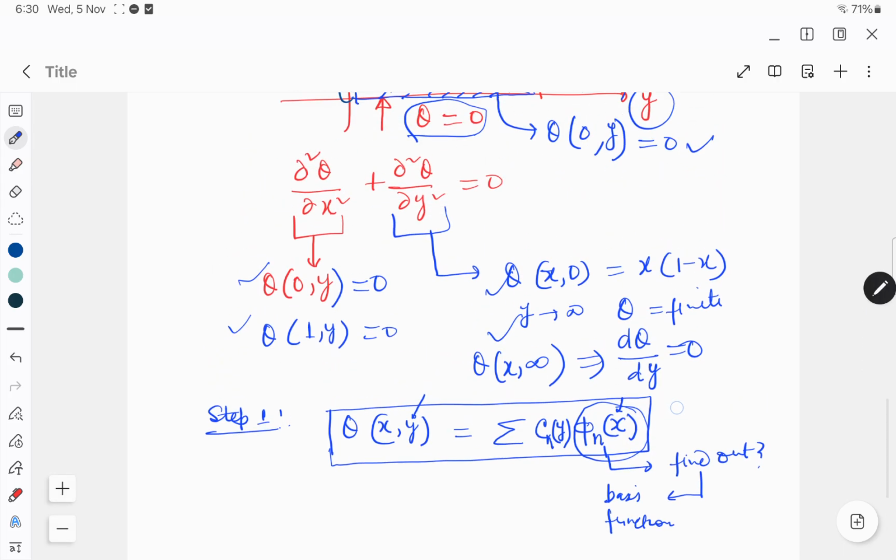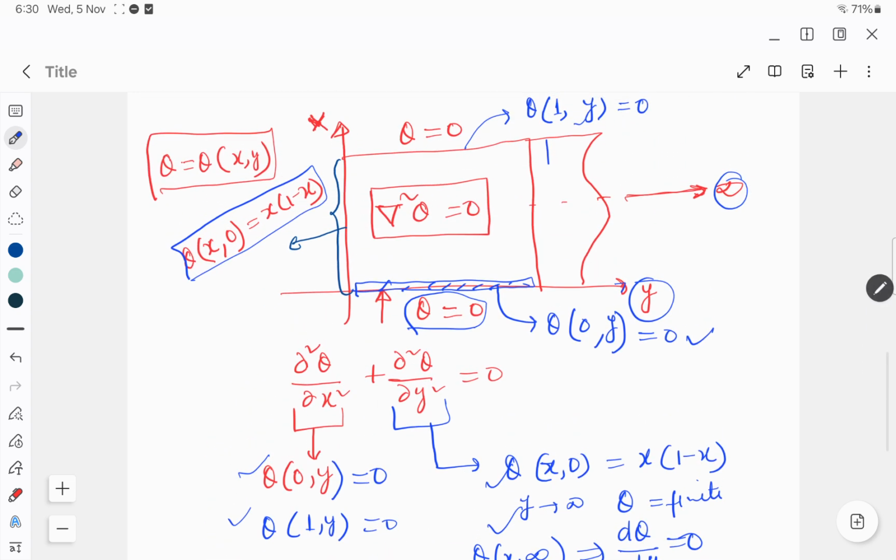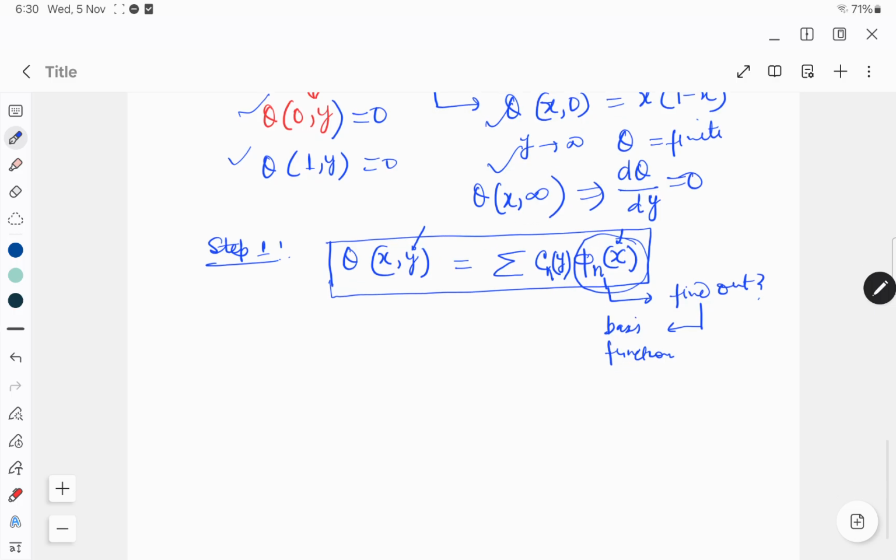Why? Because in the x direction it is bounded, while in the y direction it is going to infinity, so it is unbounded. So with respect to x, you write your basis function, and the rest will be a function of the other variables.